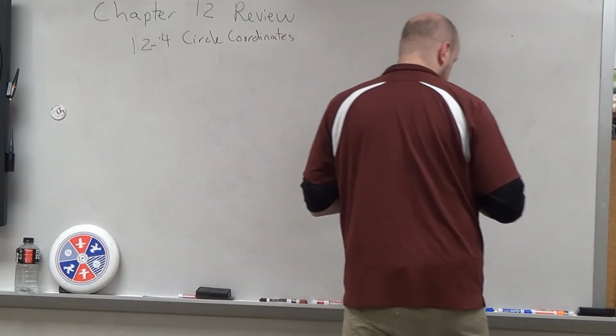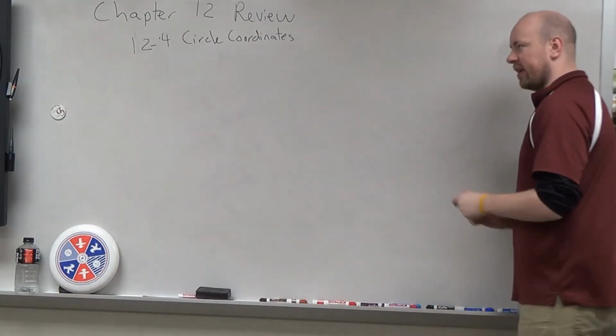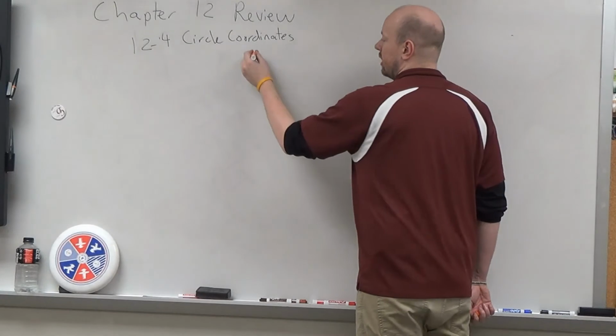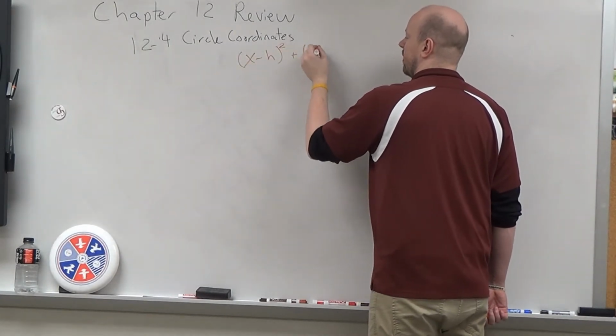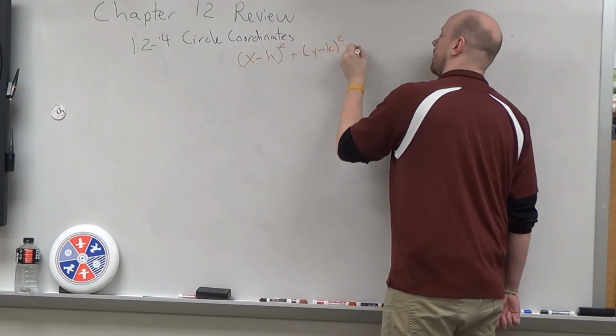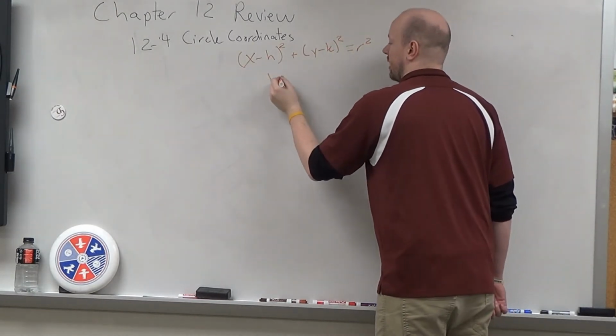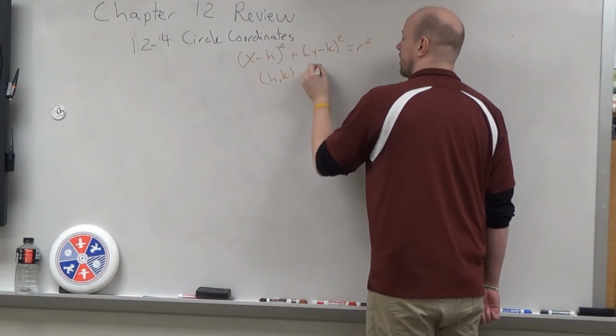And this entire section can be summed up by that one formula we had for circles: x minus h squared plus y minus k squared equals r squared, where h comma k is our center.